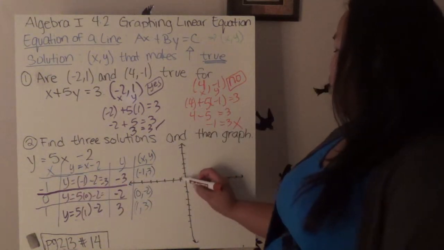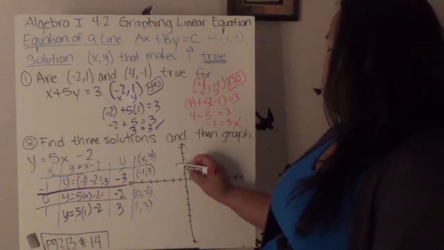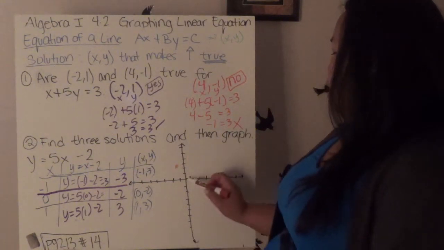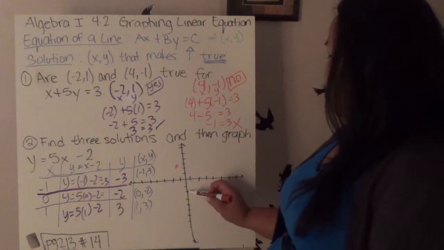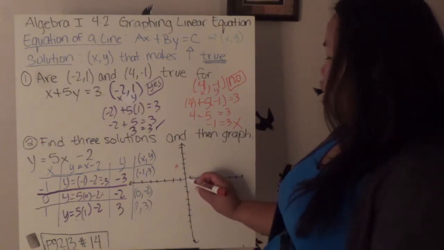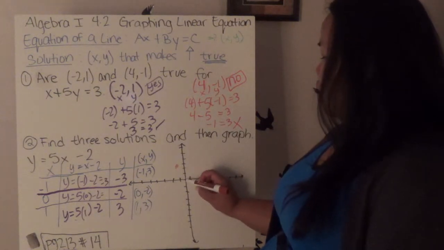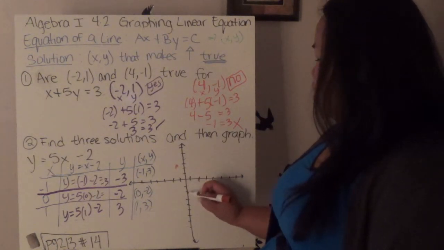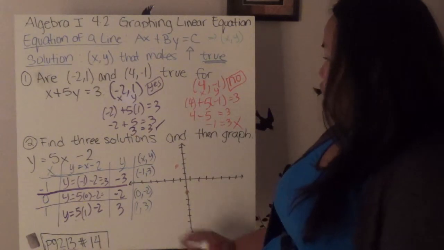So here we go. Negative 1, up 3. 1, 2, 3. Here's 1. 0, down 2. 1, 2. Here's 0. I start with x first, and because I don't move left and right, I stay at the origin. Remember the 0, 0? And then I go down 2. Here's 2. And then 1.